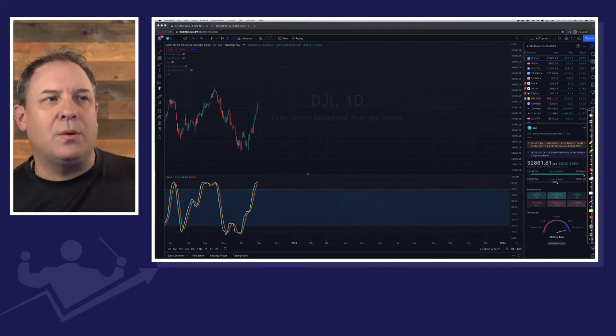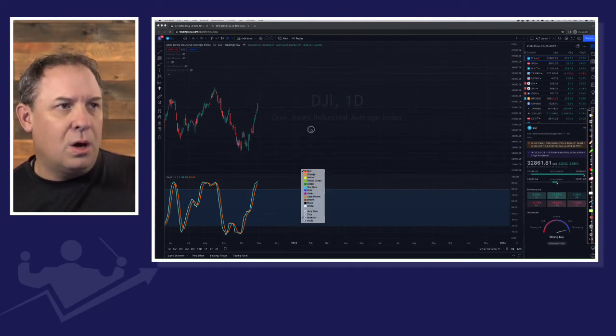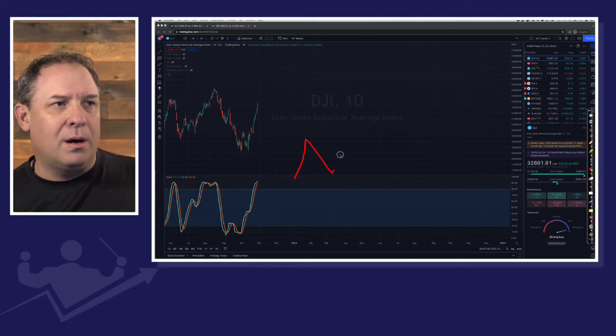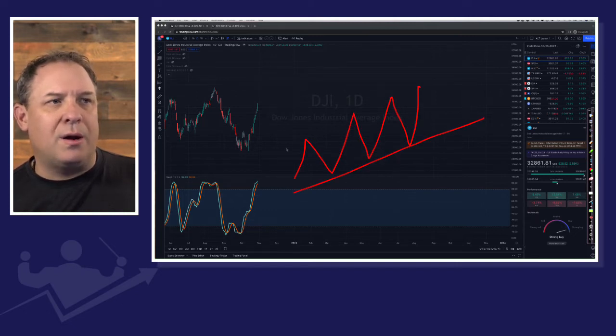Now, what if we had the opposite? What if we had a stock that was moving sideways between support and resistance in a predictable repeating pattern while making higher highs and higher lows? What do we have now?